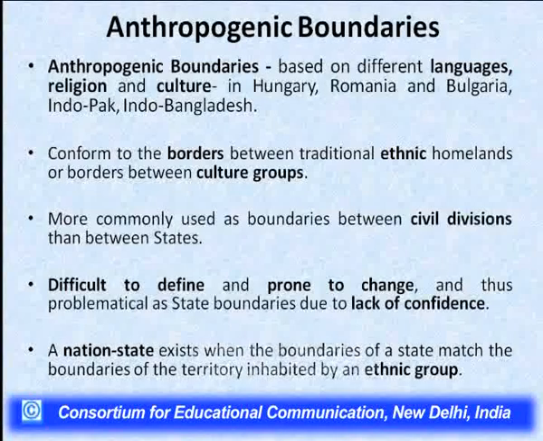After seeing this second type, the third one is anthropogenic boundaries. Anthropogenic boundaries are those based upon different languages, religions, or cultures. We can see the example of Hungary, Romania, and Bulgaria, which were devised based upon different languages.